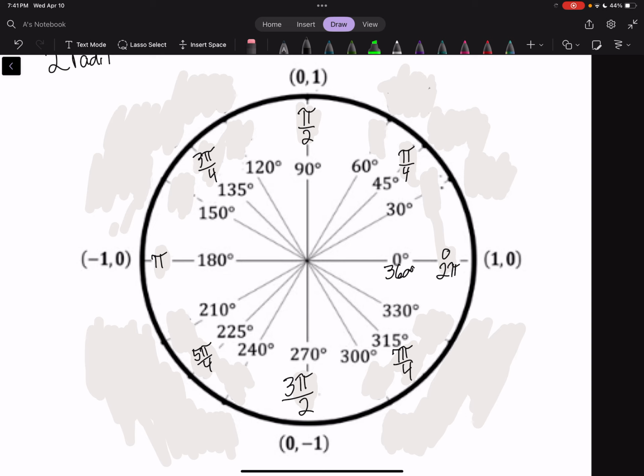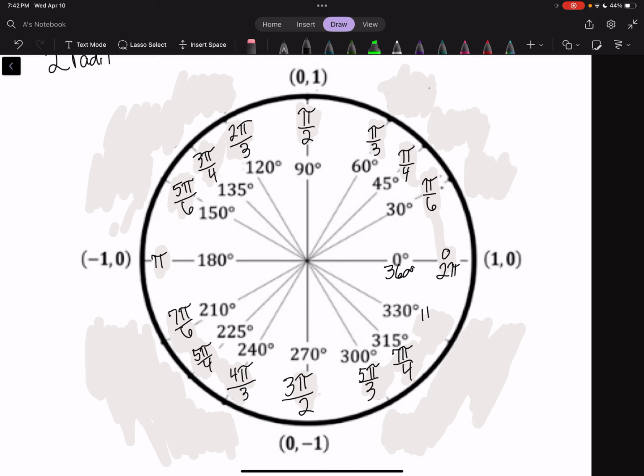Here's the last one. Instead of going by fourths, we're going to go up by sixths. Starting at pi over 6. You get 2 pi over 6, so pi over 3. 3 pi over 6. 4 pi over 6, or 2 pi over 3. 5 pi over 6. 6 pi over 6, so pi. 7 pi over 6. 8 pi over 6, or excuse me, 4 pi over 3. 9 pi over 6, or 3 pi halves. 10 pi over 6, or 5 pi over 3.